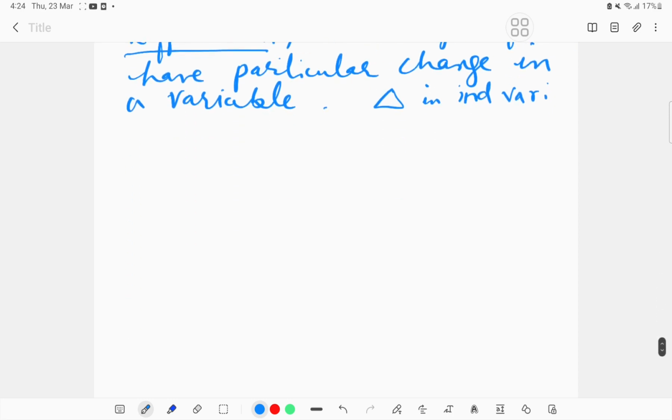So in economics, as we know, what is economics? It's a science. It's a science of human behavior.